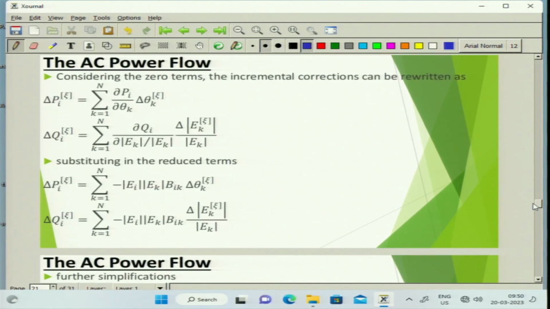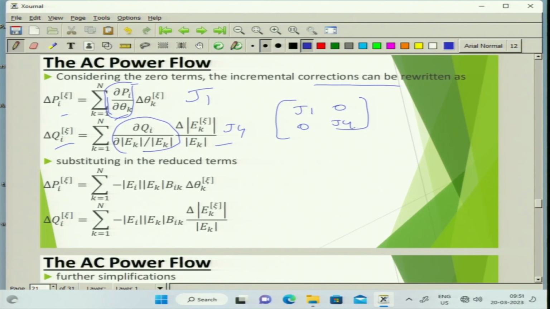Considering the 0 terms, the incremental corrections can be rewritten as delta P i with the J1 matrix here, and delta Q i is nothing but the J4 matrix. So the overall Jacobian now reduces to J1 0 0 J4.